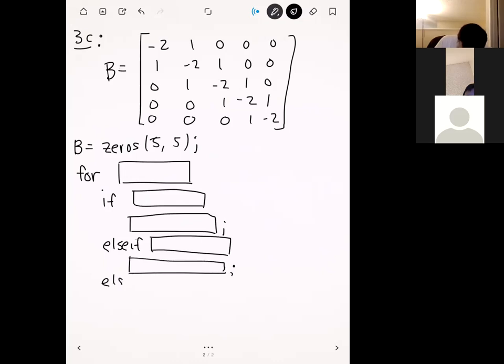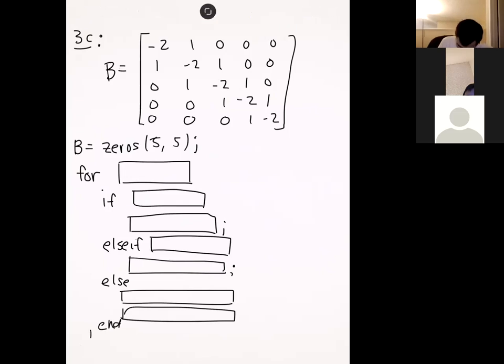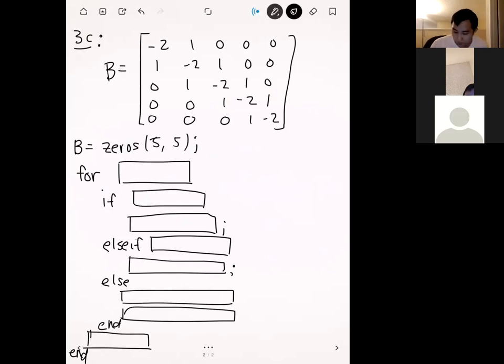And then else, we have two boxes. And then we have an end. Right under this, there's one more line of code, which I'll box right there. And so this is the problem: you have to fill in all of these boxes.